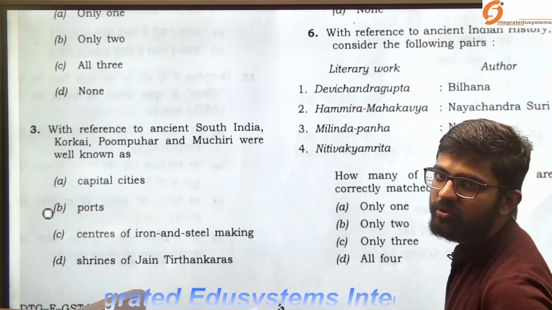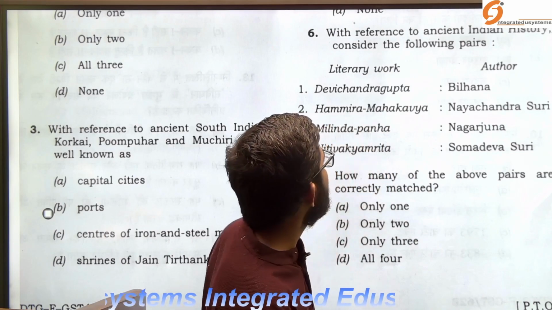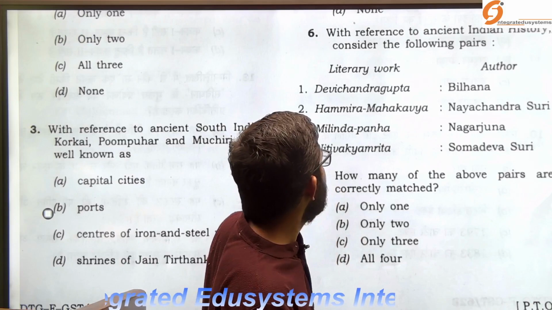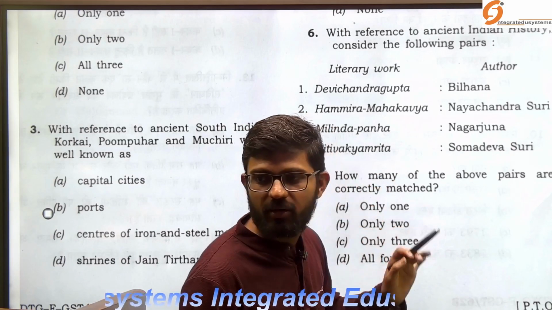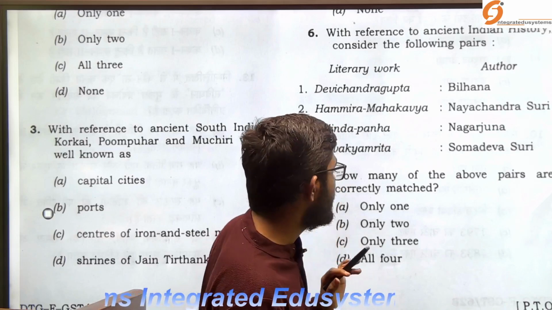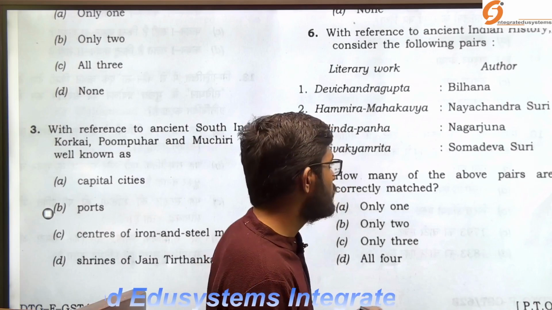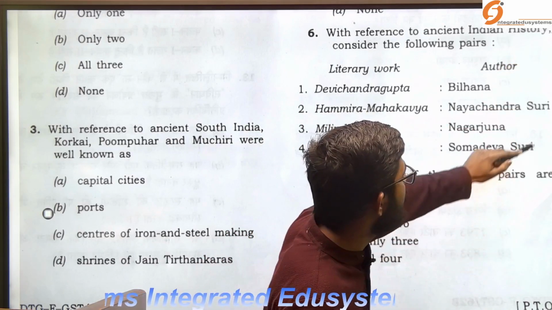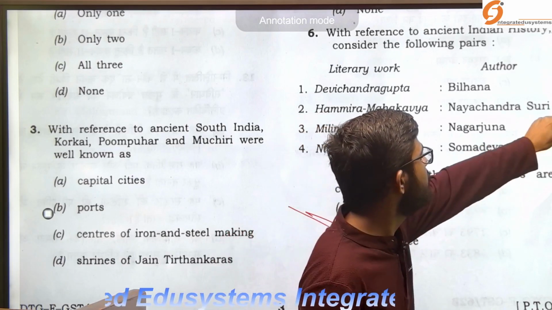With reference to ancient Indian history, consider the following pairs: Devichandraguptam, Buddhacharita, Mahakavya, Nakshatra Sutra, Milinda Panha, and so on. The answer is only 2 pairs are correct. Definitely a difficult question. Only those who have read in detail can answer, which is B.